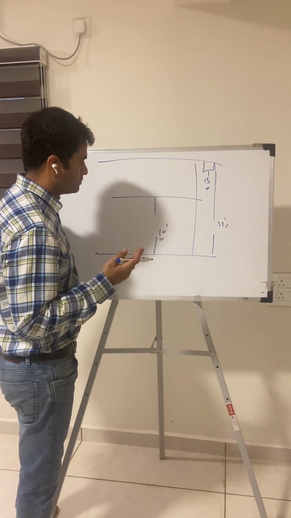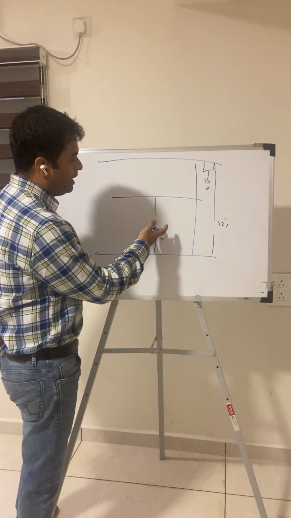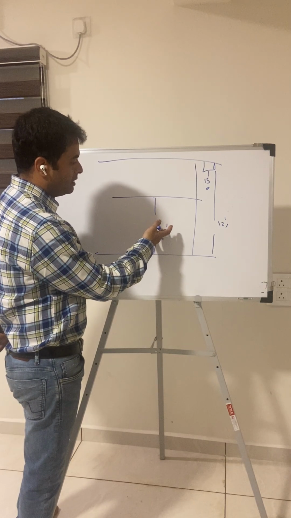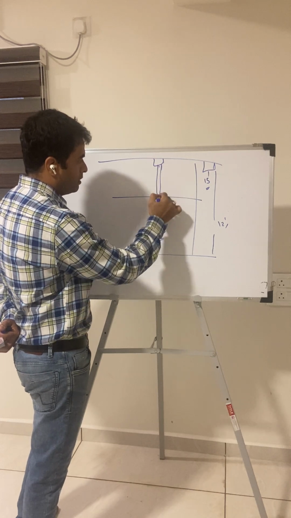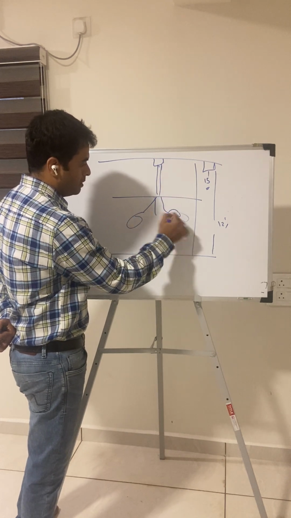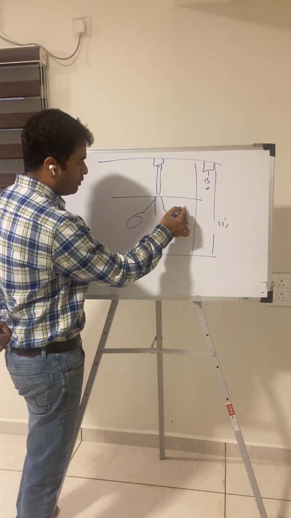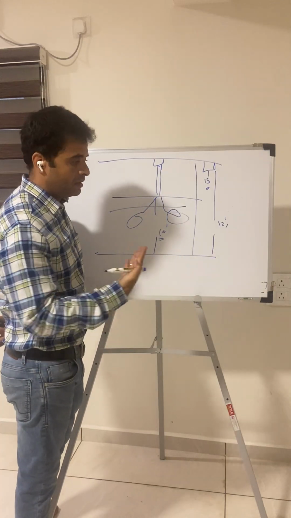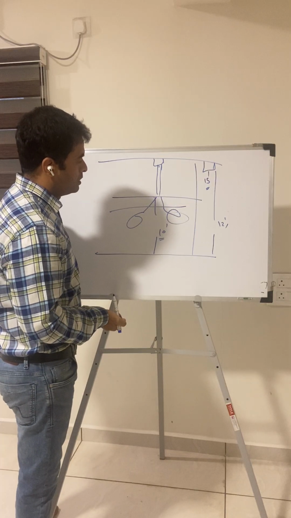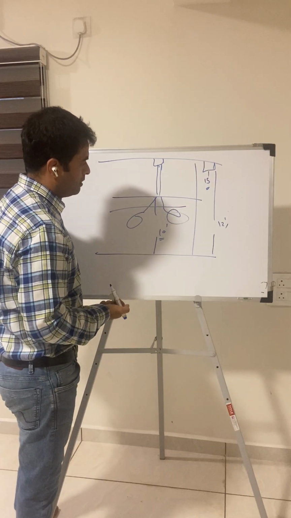Now even if I have a 10 feet height, then also I can fix my OT table here, OT light here. Even if I have 8 feet also, I can put the same pendant here, because there are different components there. We will come to that. So this also I don't accept.